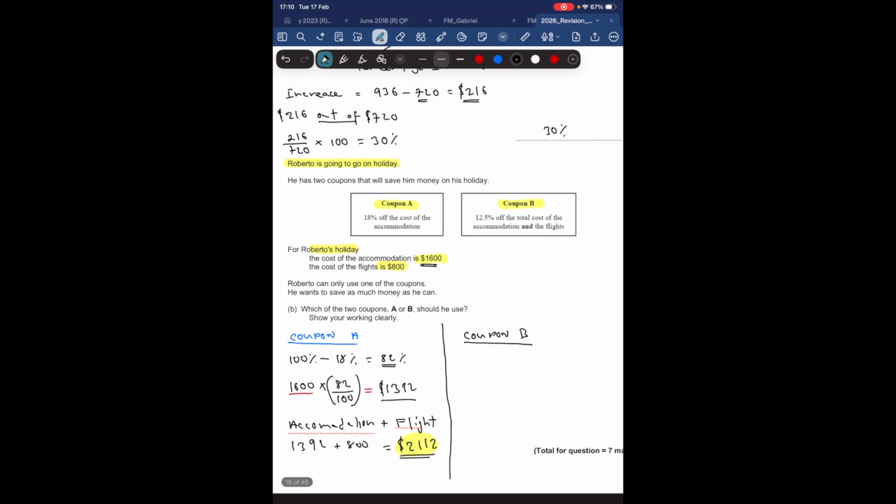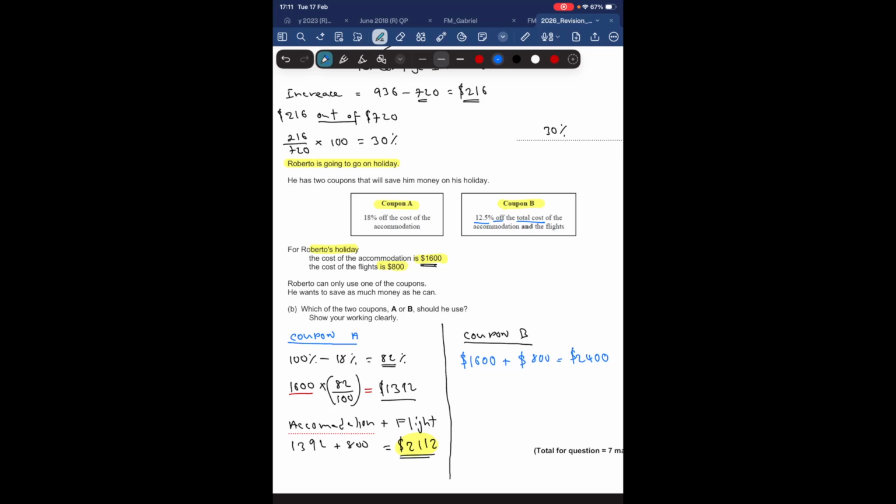Now, using coupon B, well, coupon B tells us that we're getting 12.5% off the total cost of the holiday. So the total cost of the holiday will be the accommodation, which is $1,600, plus the $800 for the flights, which will give us a grand total of $2,400.